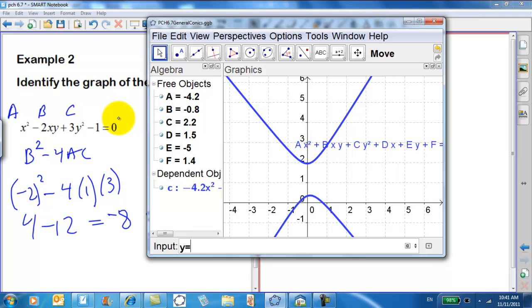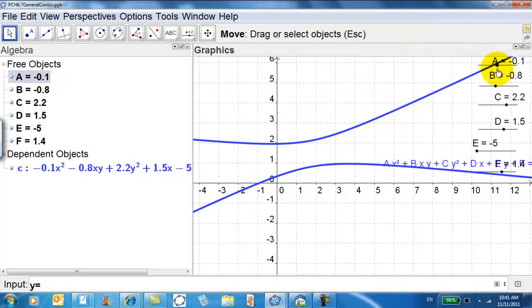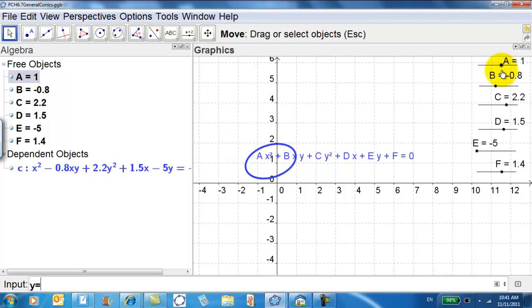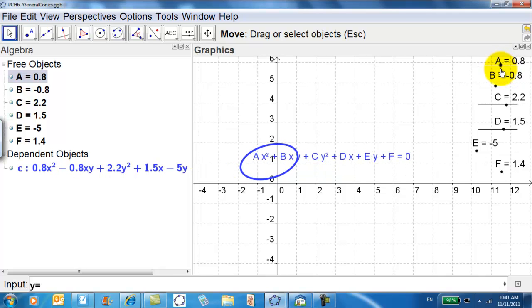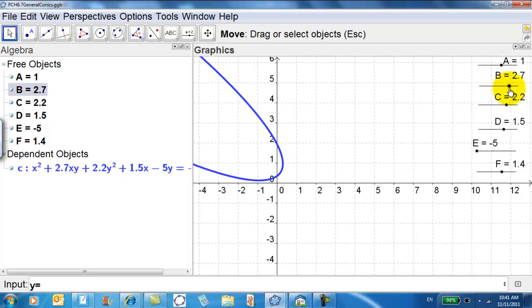So we got to get the other ones to 0. So let's get those fixed. A equals 1. So slide this to 1. Exactly 1. There we go.